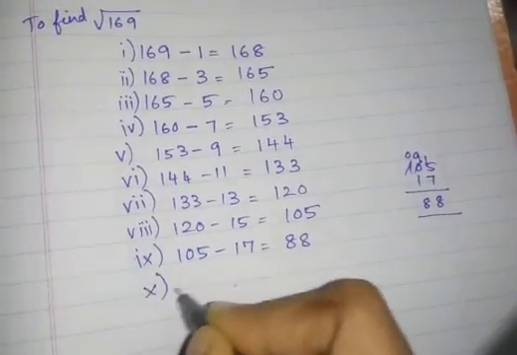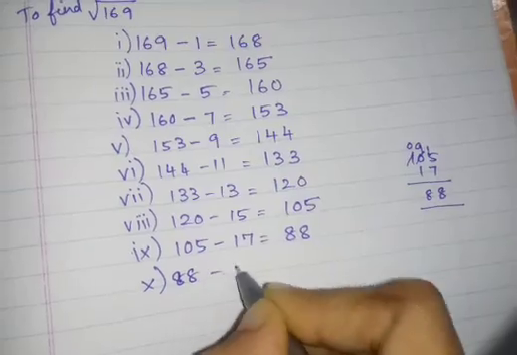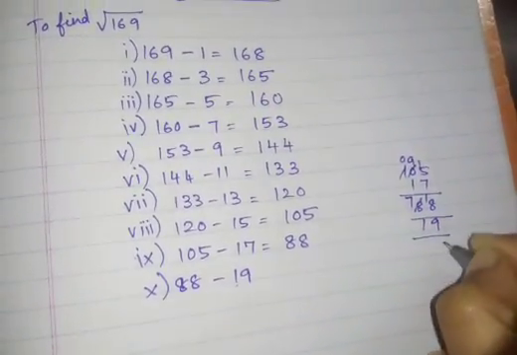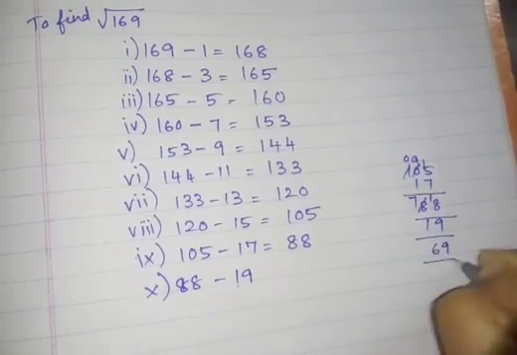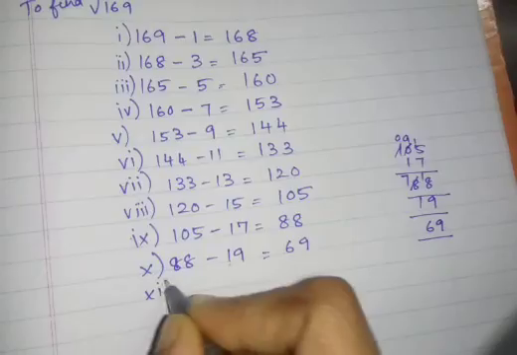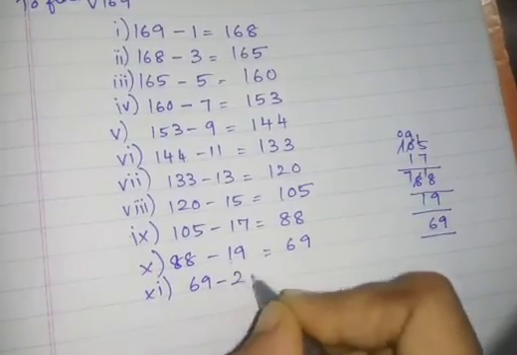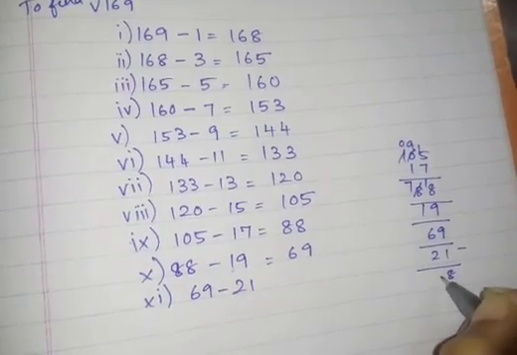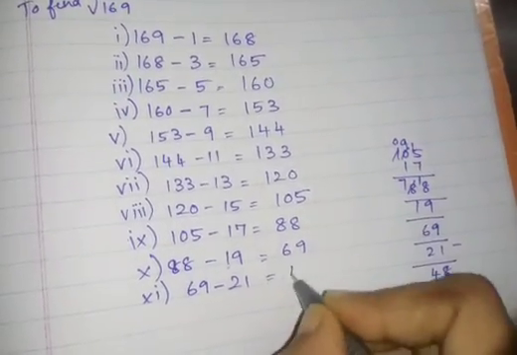Then 10th step, 88 minus 19 is 69. Then 11th step, 69 minus 21 is 48.